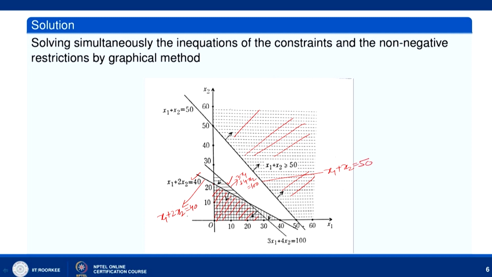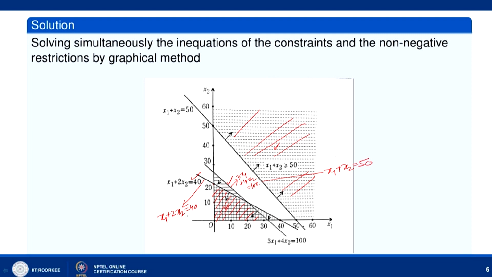Now, we have to find the solution. No values of x 1 and x 2 can satisfy the constraints given, because the constraint x 1 plus x 2 greater than or equal to 50 says x 1, x 2 should belong to this region, but the other two conditions say x 1, x 2 must belong to this region, and there is nothing common in the two regions; they are disjoint.